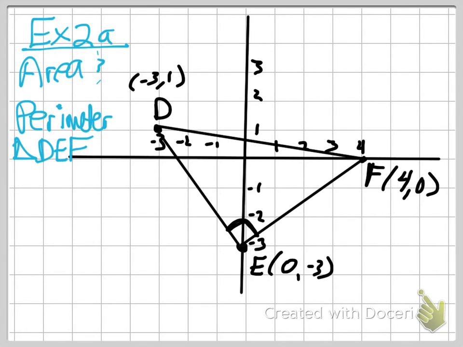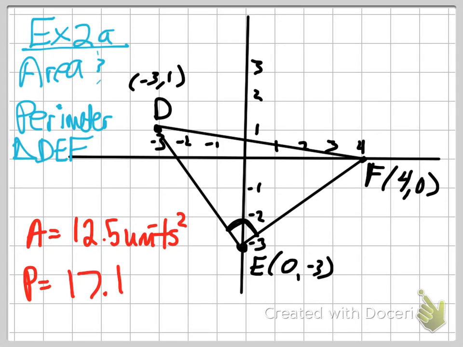Alright, you should have found that your answer should have been area equals 12.5 units squared, and your perimeter equals 17.1 units. I'm going to work through this problem really quick so you can make sure that you did your work right.